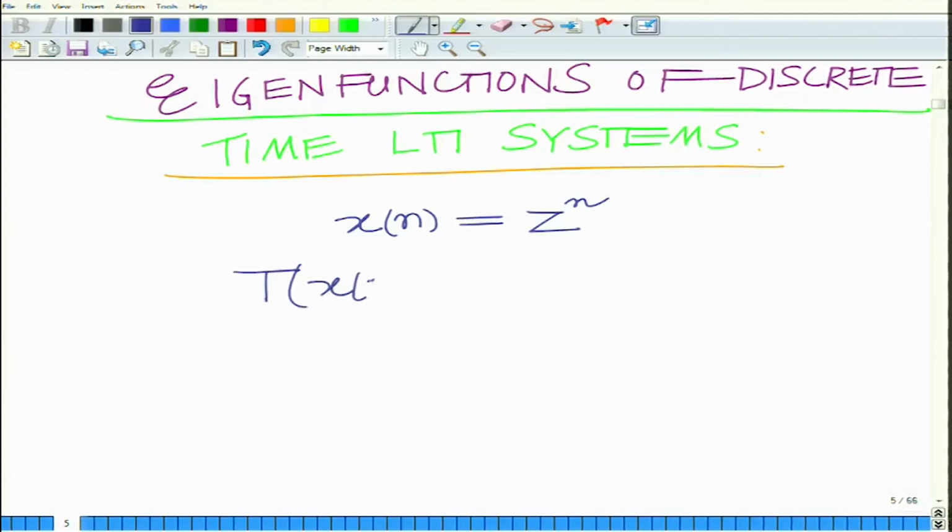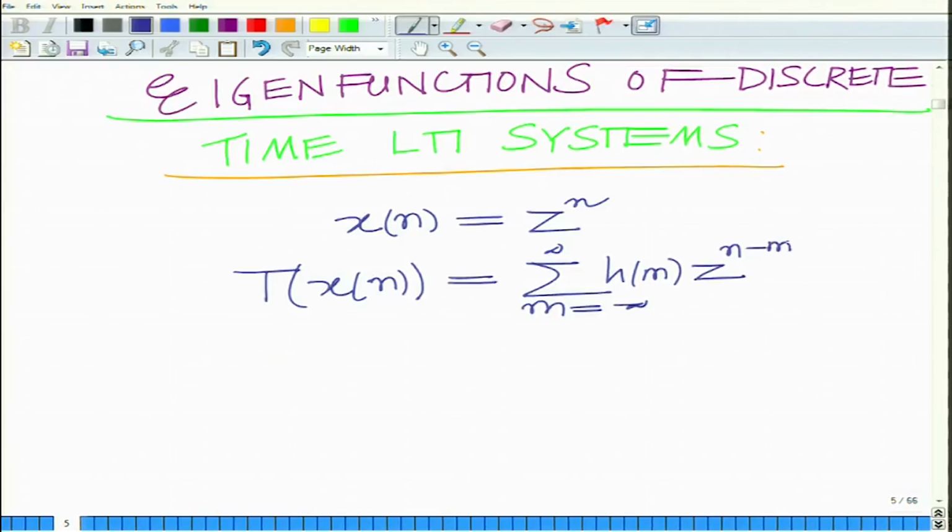T of x of n equals summation m equal to minus infinity to infinity h of m, where h of m is the impulse response, times z to the power n minus m.